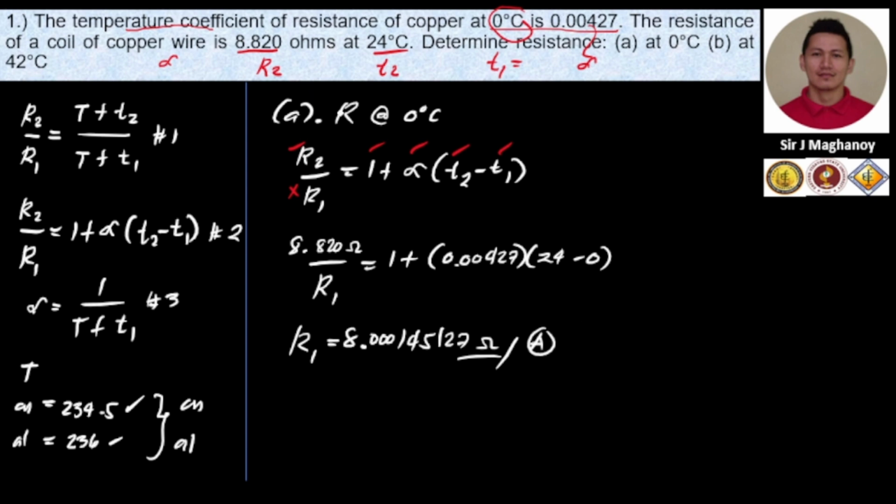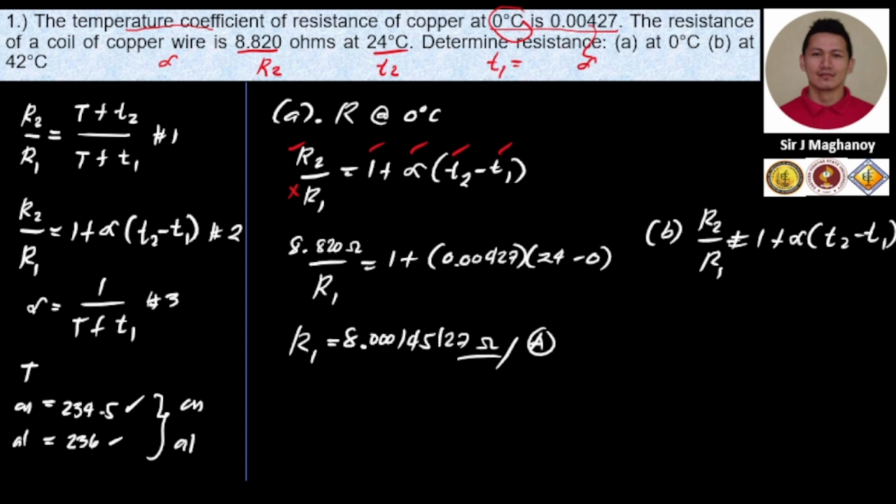Okay, moving on to your second problem, we have B, solve for the resistance at 42 degrees Celsius. So we are tasked to determine our final resistance here. We have the same formula. We have our R2 all over R1 is equal to 1 plus temperature coefficient times change of temperature, final minus initial temperature.